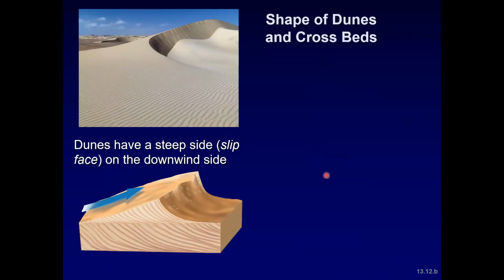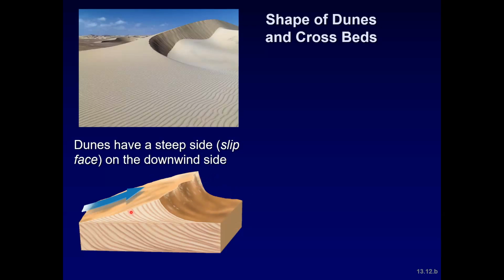Okay. Shapes of dunes and cross beds. Dunes actually have a steep side. We can call that the slip face on the downwind side. It's also referred to as a lee side. And that's what gets preserved into the sedimentary and later rock record, because you have grains from this side constantly being moved up and being deposited on the slip face or lee side.